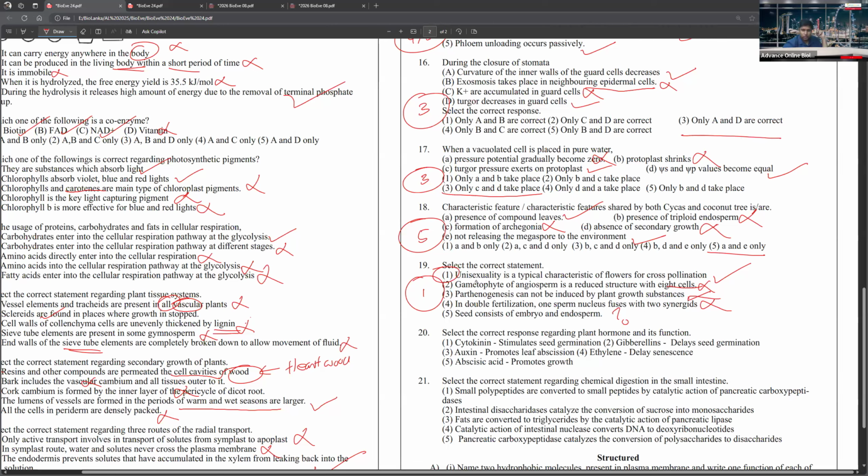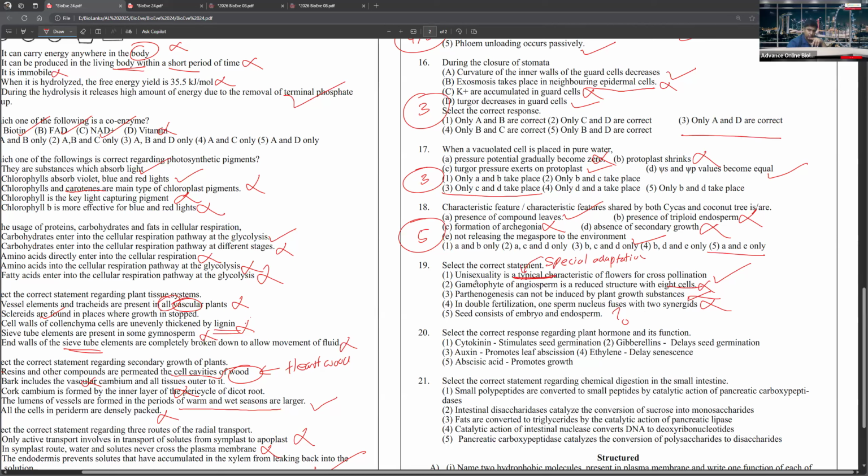There's a small issue with the word typical. The resource book says special adaptation.